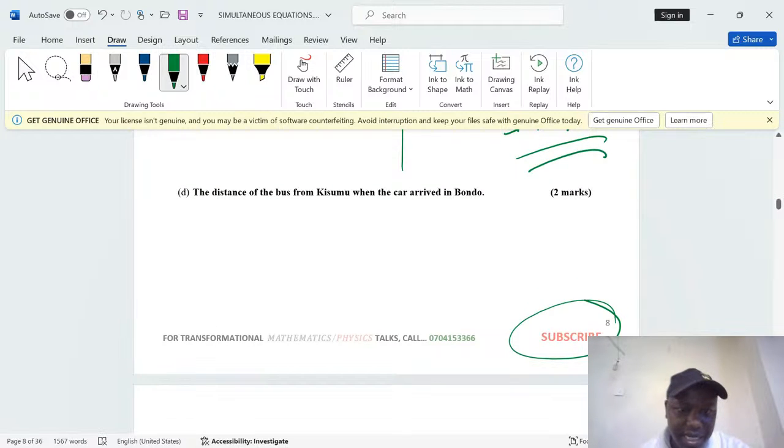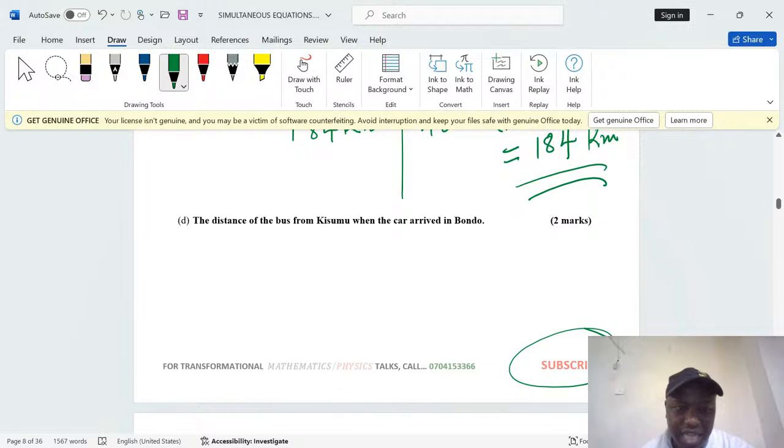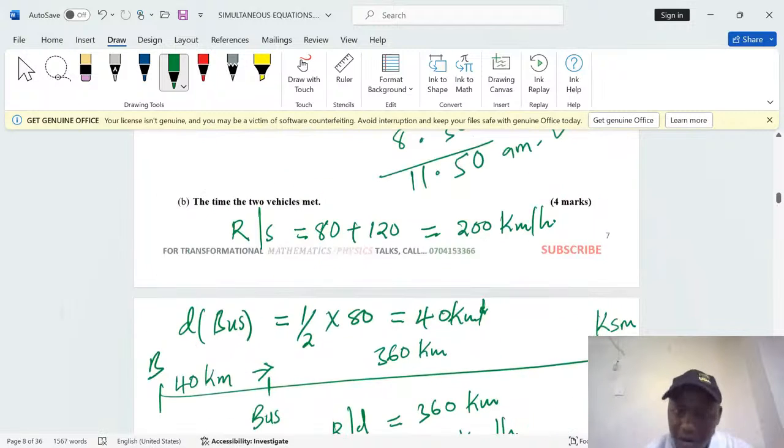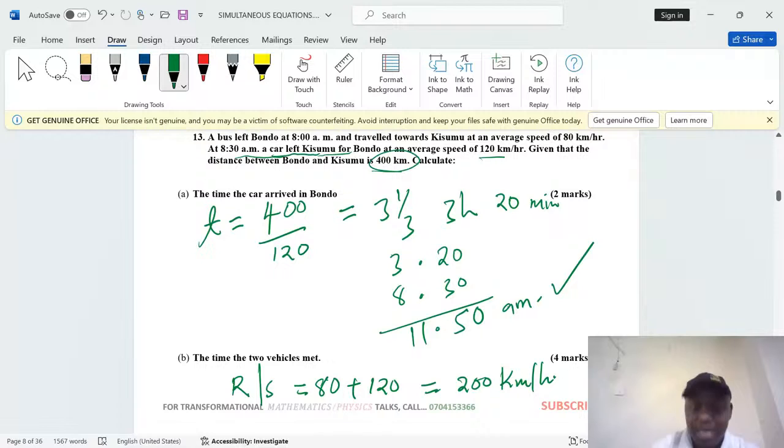Again, we are to find the distance of the bus from Kisumu when the car arrived in Bondo. We don't know the time the car is going to arrive in Bondo, or maybe it has been already worked out. Yes. So by 11:50, this is when the car arrived in Bondo.